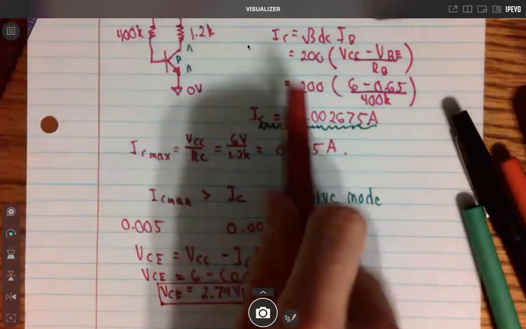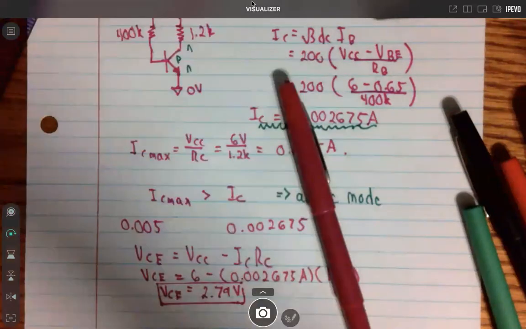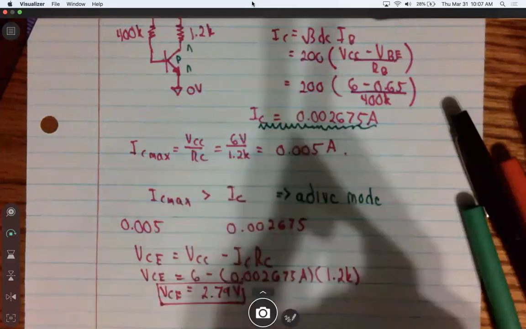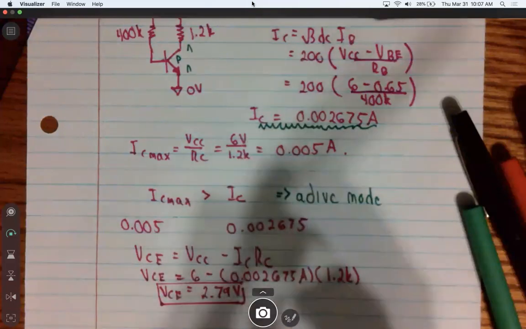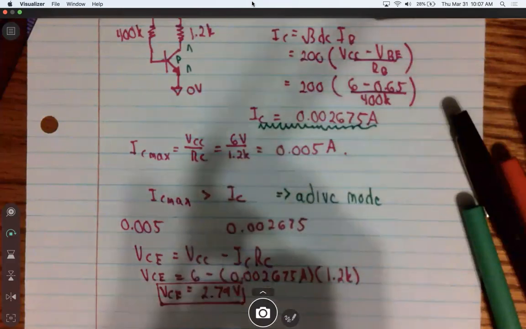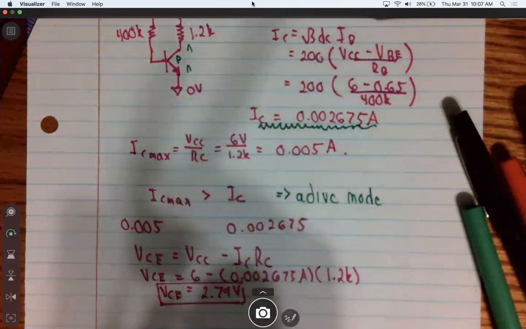Okay. Now that we talked about that, and we know the difference between active mode and saturation mode and how to tell when it's in one or the other for the DC mode in particular with the given beta value.